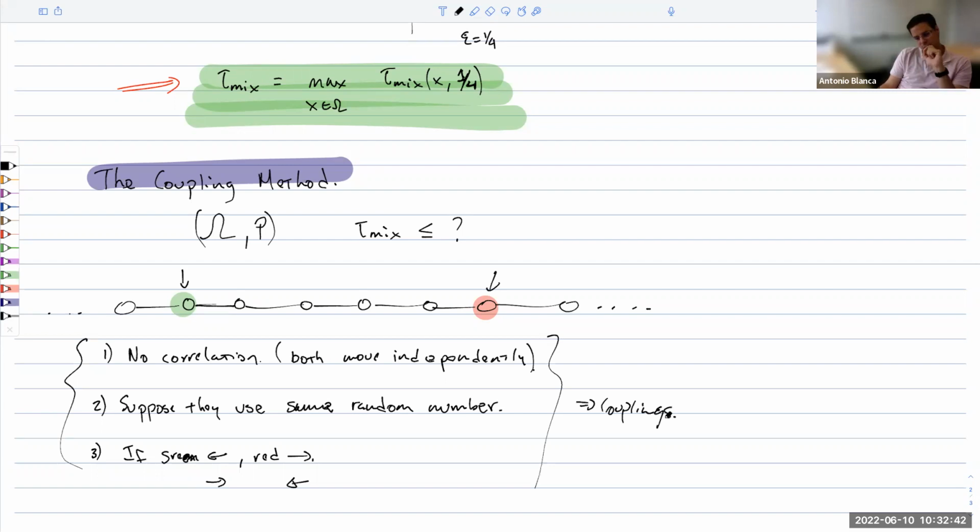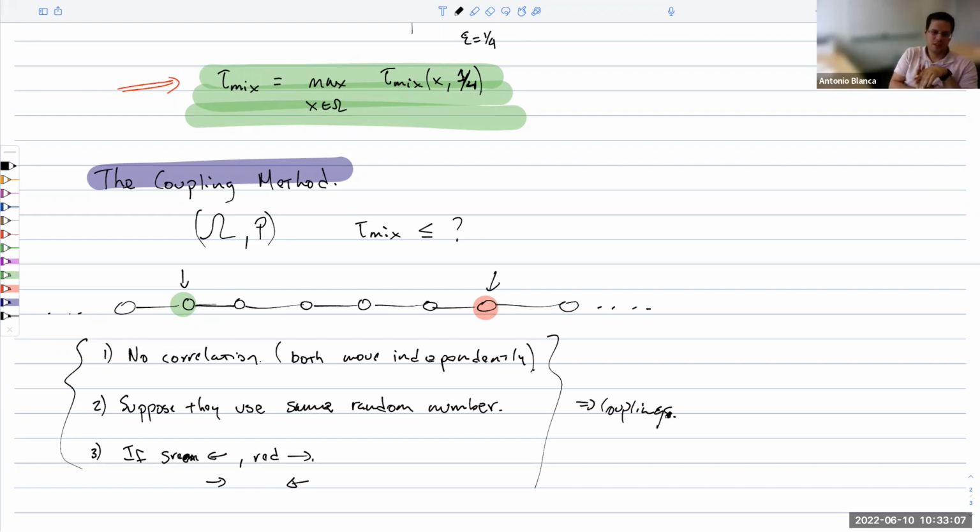And why this method is useful for bounding the mixing time is because it says, take two copies of the chain. Take any coupling that you like, design it any way you like, try to make it in a smart way. The goal is to get the chains to the same state. And once the chains get to the same state, that gives you a bound on the mixing time.